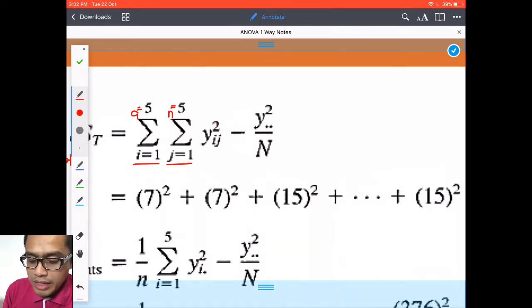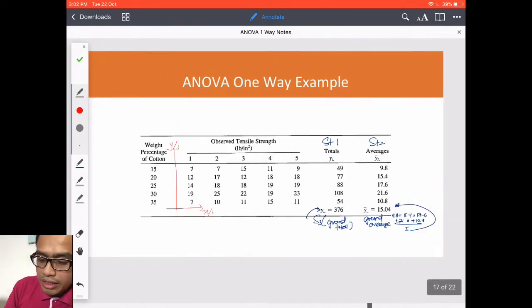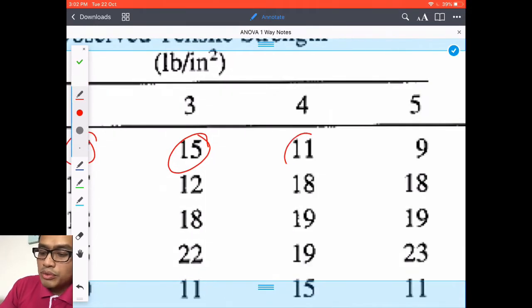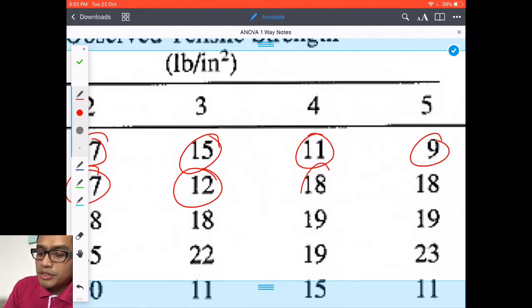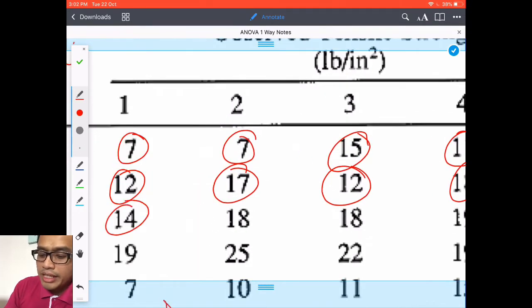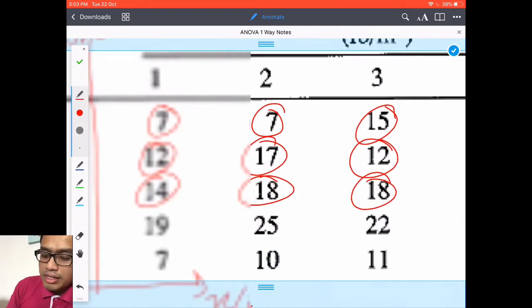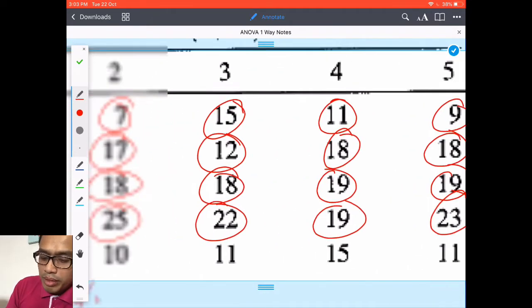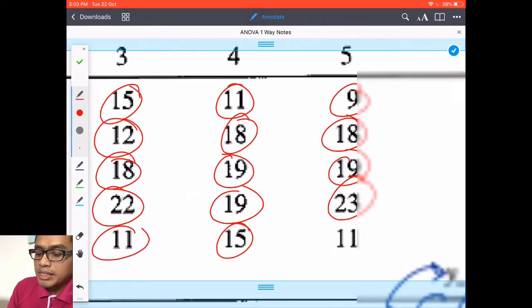So you have 7, 7, 15, and dot, dot, dot, and 15, and 11. Where do we get this? Look back here. There, you have 7 squared, 7 squared, 15 squared, 11 squared, 9 squared, then 12 squared, 17 squared, 12 squared, 18 squared, 18 squared, 14 squared, 18 squared, 18 squared, 19 squared, 19 squared, plus 19 squared, 25 squared, 22 squared, plus 19 squared, plus 23 squared, plus 7 squared, plus 10 squared, plus 11 squared, plus 15 squared, plus 11 squared.